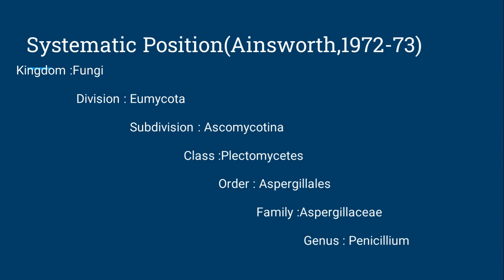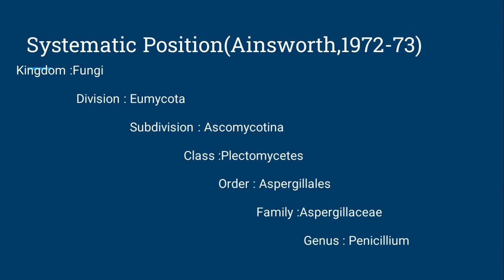Class Plectomycetes. What are the characteristic features of the Plectomycetes? The fruiting bodies are formed, which are called cleistothecia. These specialized fruiting bodies are closed, in which asci are present, which break down at maturity and release the ascospores. Two genera which belong to this group are Aspergillus and Penicillium.